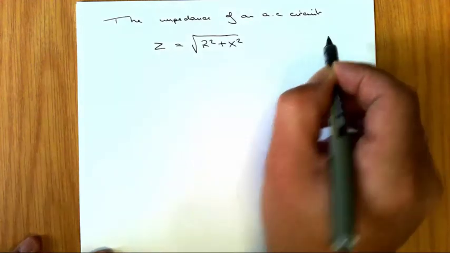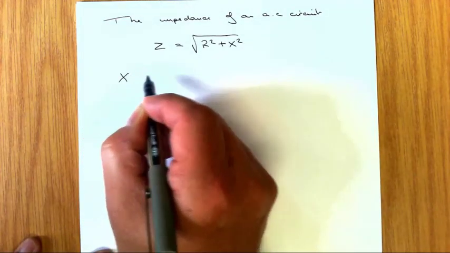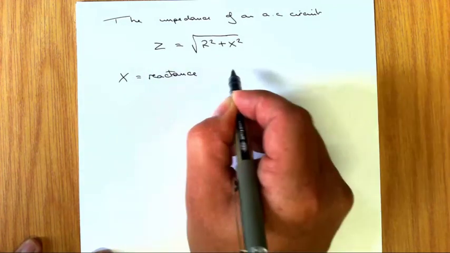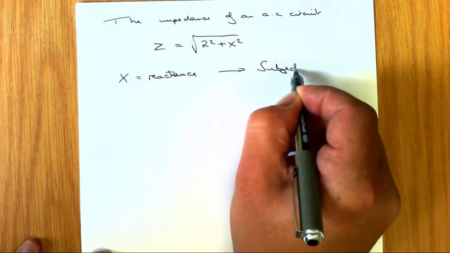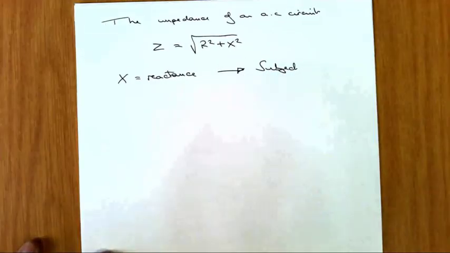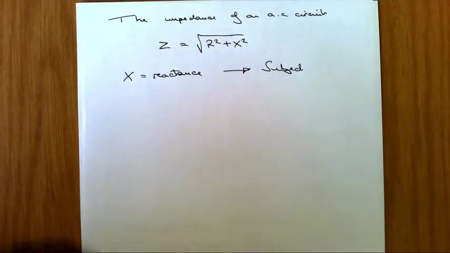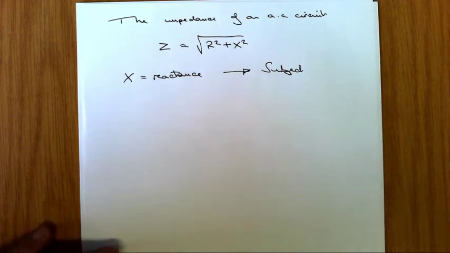What I want to do is rearrange this to make the reactance, X, the subject. I would like you to pause the video and have a go at doing that, and then restart the video and I will go through how we've managed to do this.